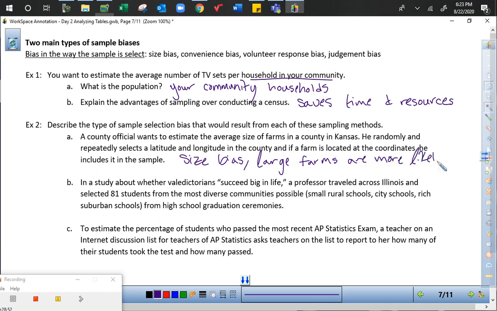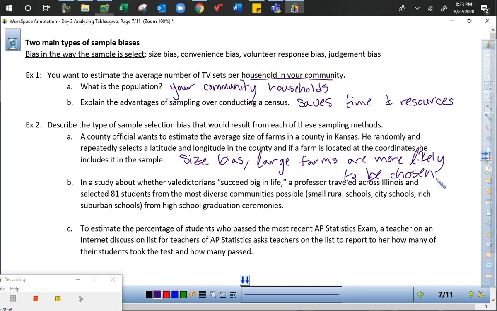Which makes it biased, because we want to make sure that when we're picking our samples, each person in the population is equally likely to be chosen. In this case, each farm in the population is equally likely to be chosen.